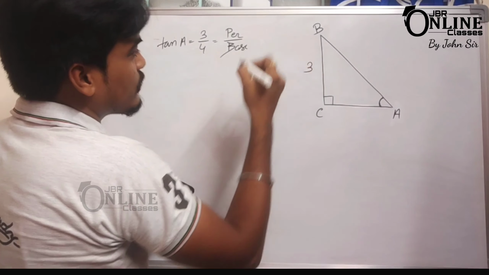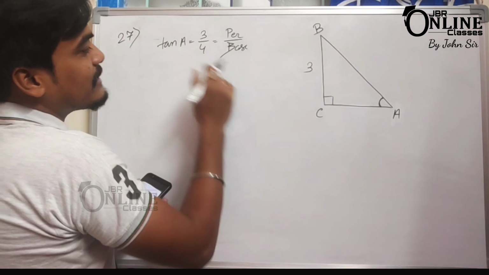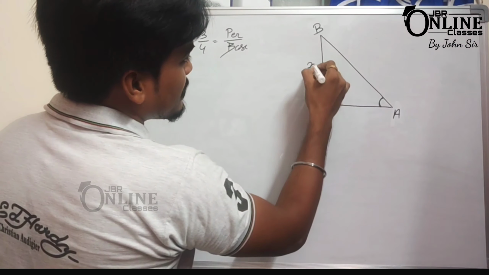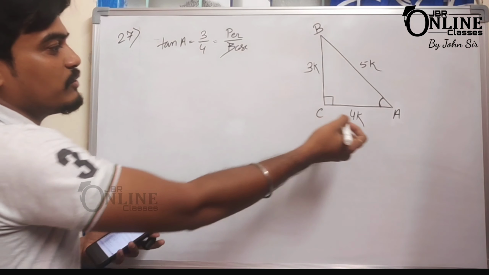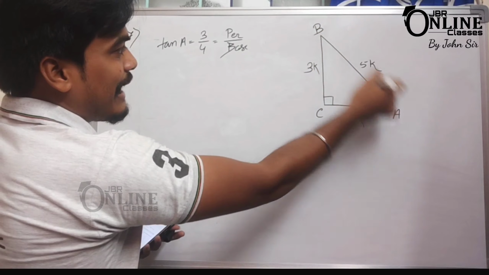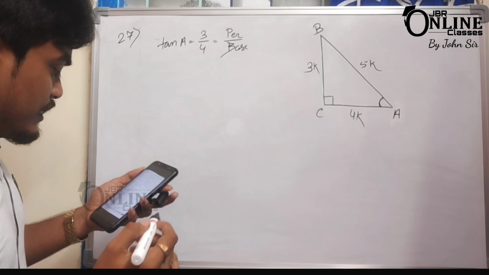So BC equals 3 and the base equals 4, that means 3K and 4K, where K is the constant. Now you can easily find the hypotenuse by applying the Pythagoras theorem, and it will be 5K. So now we know the values of AC, BC and AB.